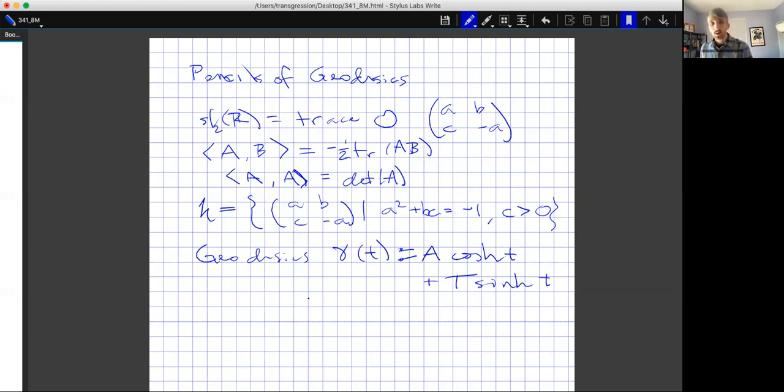And here A is in H and T is in the tangent space at A to H, so that just means the space of vectors that are orthogonal, that is equal to A perp, and it also has norm -1.